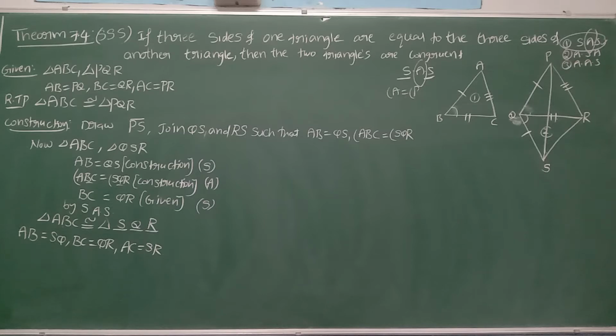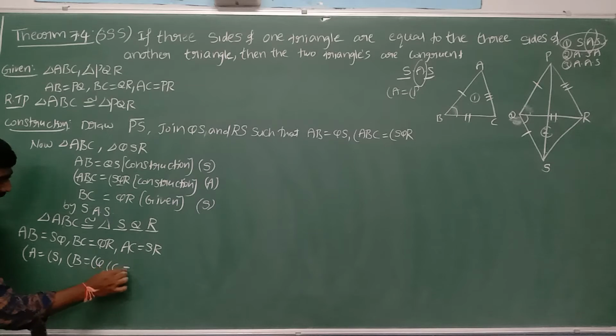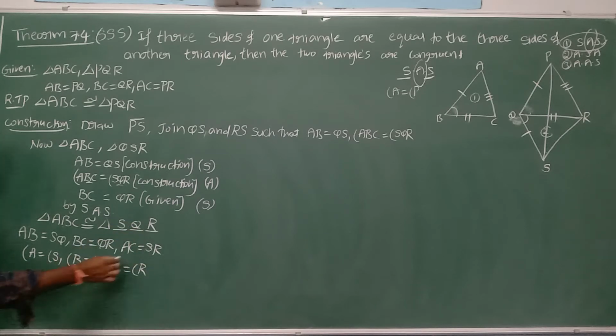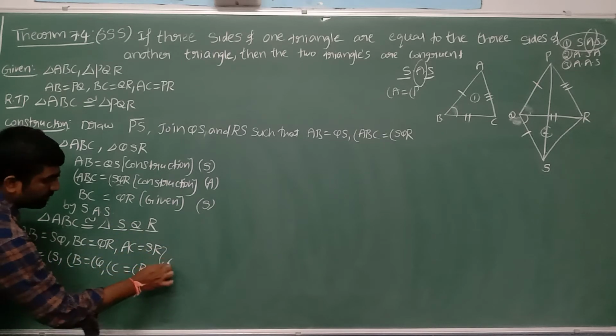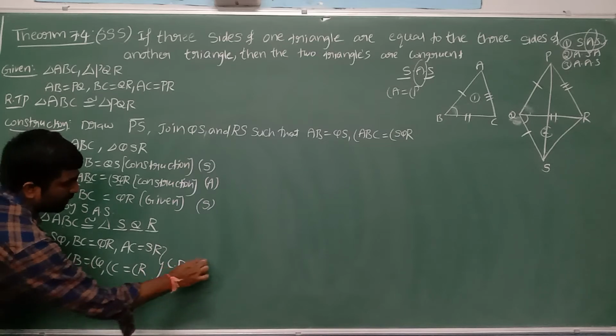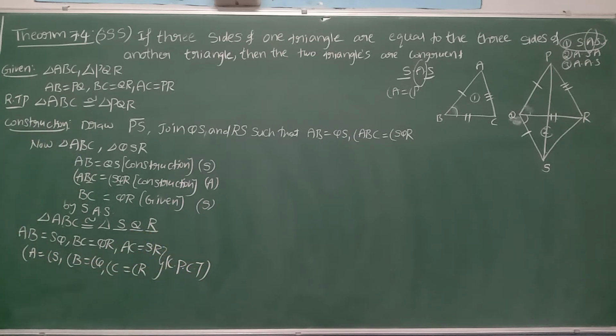More, we can say corresponding angles also. Angle A is equal to angle S. Angle B is equal to angle Q. Angle C is equal to angle R. So by what reason are we taking all this? CPCT, corresponding parts of congruent triangles.